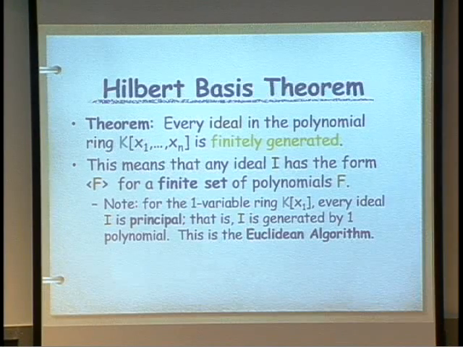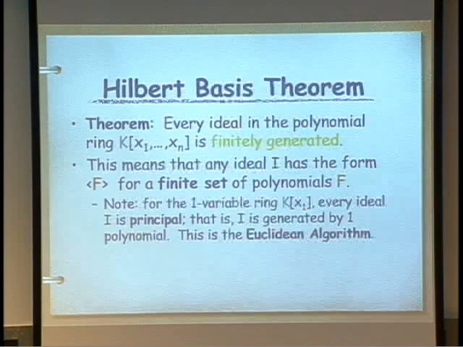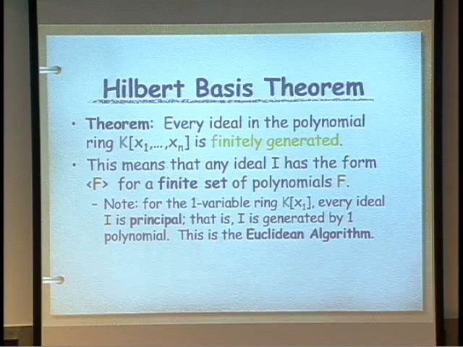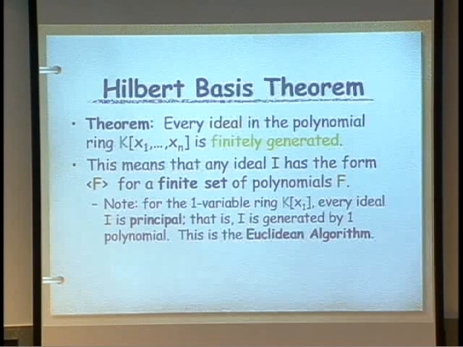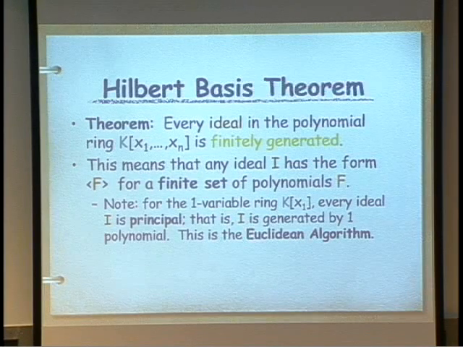Now, for one variable, you knew this all along, because every ideal in a polynomial ring in one variable not only is finitely generated, but is in fact generated by a single polynomial. A polynomial ring in one variable is a principal ideal domain. Every ideal is generated by one polynomial, and that's called the Euclidean algorithm. The Euclidean algorithm certifies this fact for you.